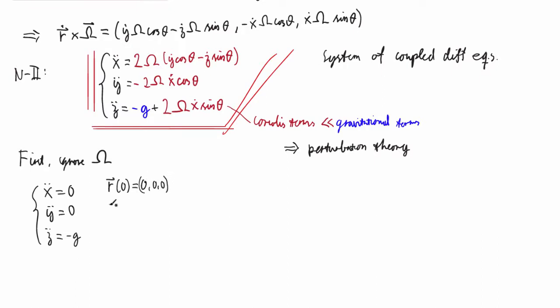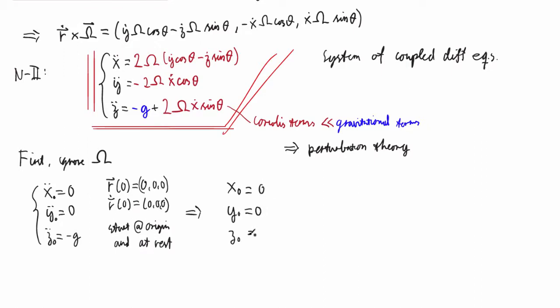We're starting at the origin, and we're starting at rest. So that just gives us the solution, x. I'm actually going to call this x naught. This is the unperturbed solution. This is what's known as the 0th order approximation.